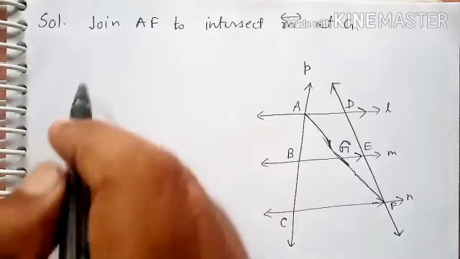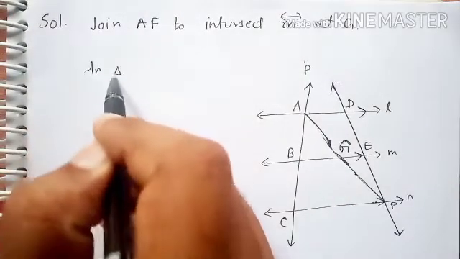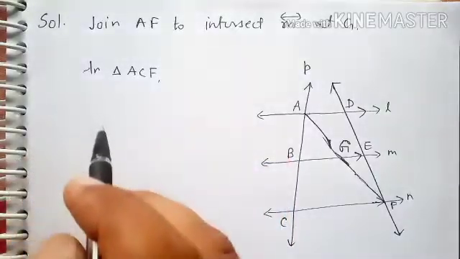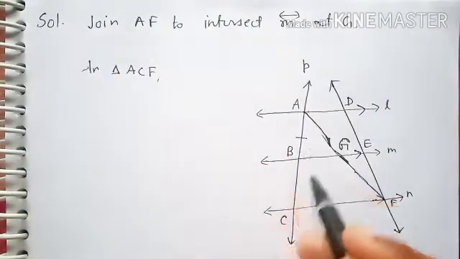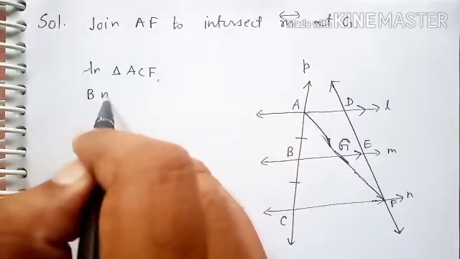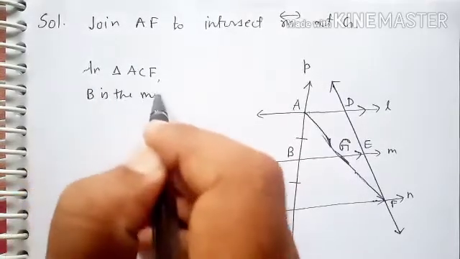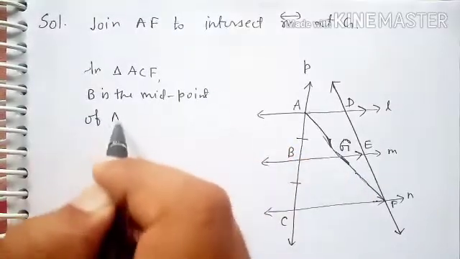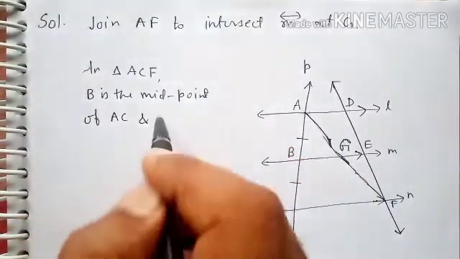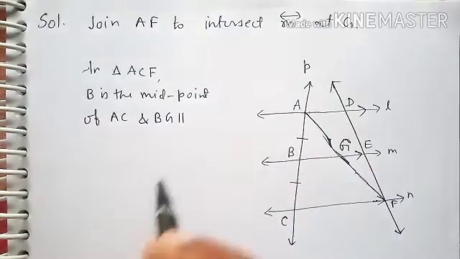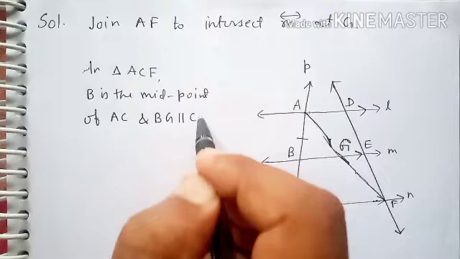Now see student, in triangle ACF, B is the midpoint of AC and BG is parallel to CF.